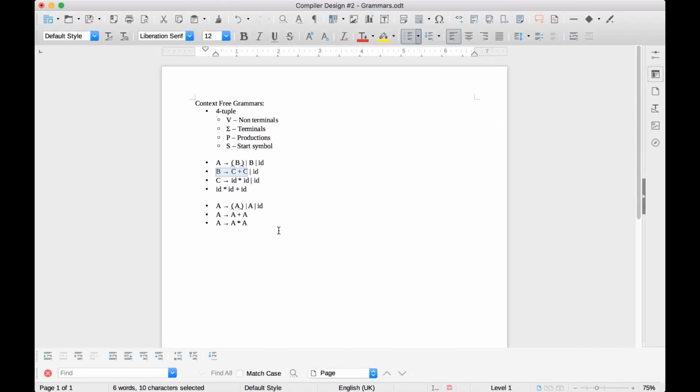And what can these C's open up into? Well, we see here that C can produce ID times ID and just ID.